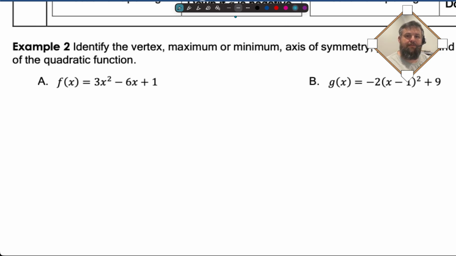The a is always in front of the x squared, so my a is positive 3. My b is negative 6. It's always with the x term, that's my linear term. And then my c is positive 1.